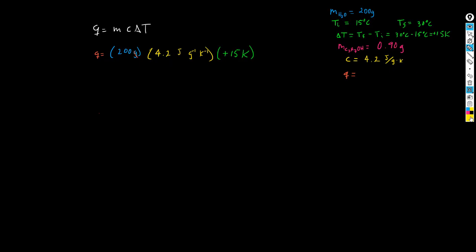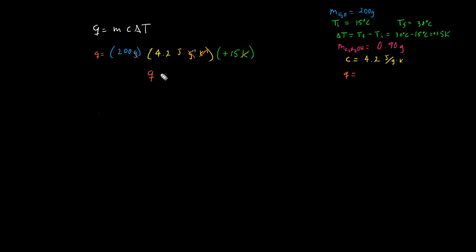So the grams cancel, and this is why it's important to put your units, so you can catch mistakes like that. The grams cancel, the Kelvins cancel, and we end up with Q being 200 times 4.2 times 15 positive.